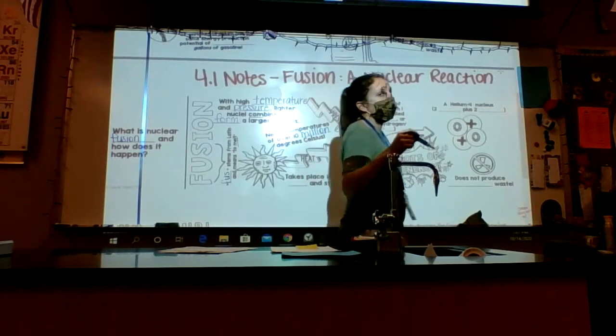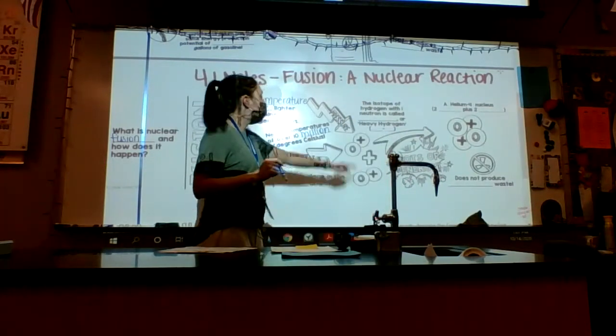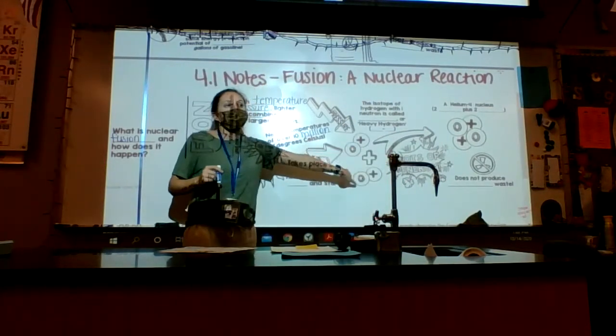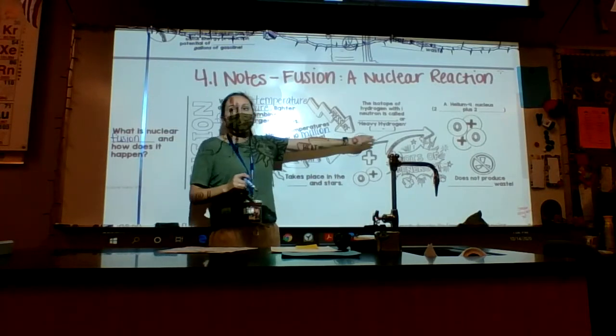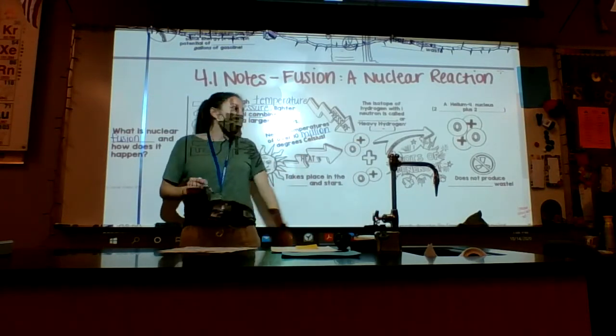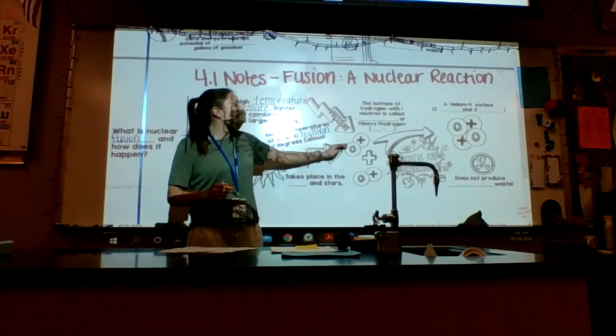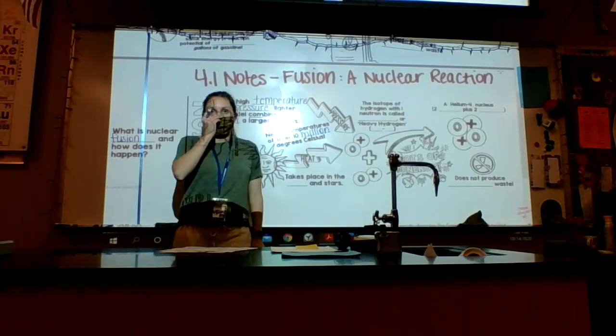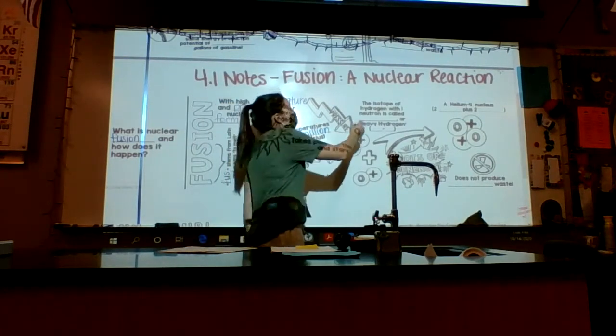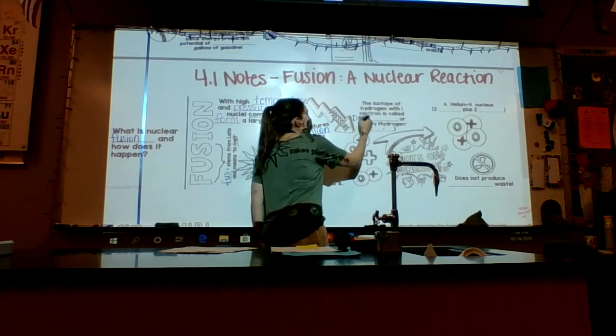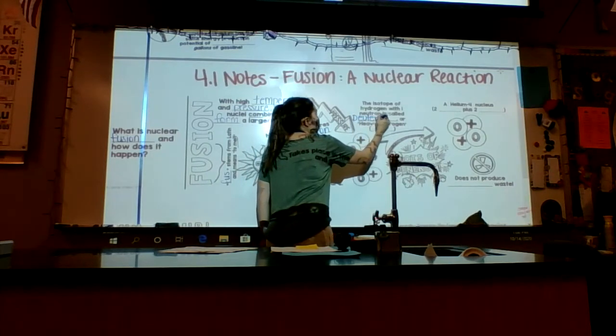What exactly happens? We have 2 small atoms here. This is just their nucleus, so 1 proton, 1 neutron. We have 2 of those. Those are called deuterium. I know that's a weird word. It's a version of hydrogen.